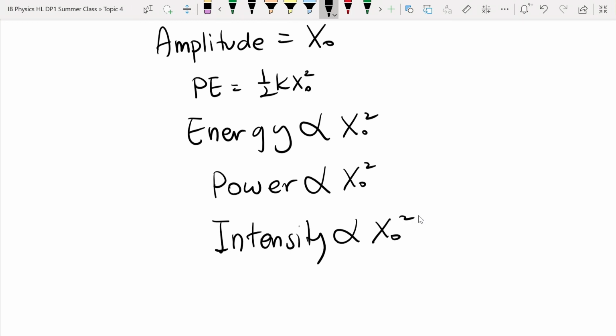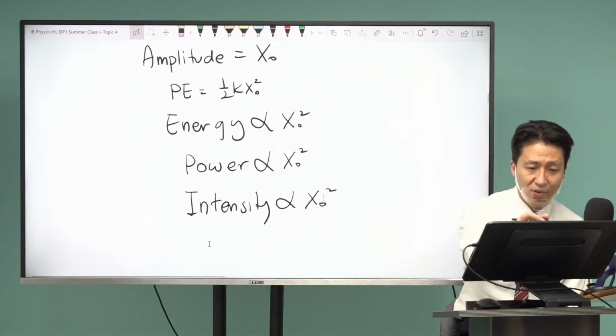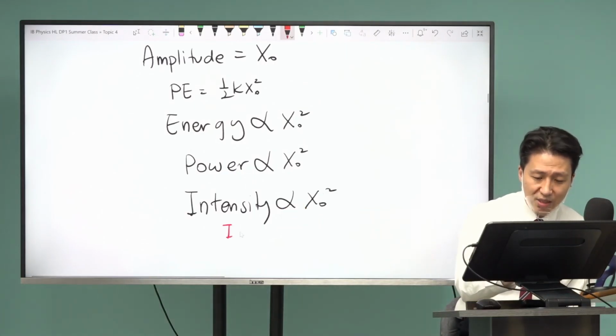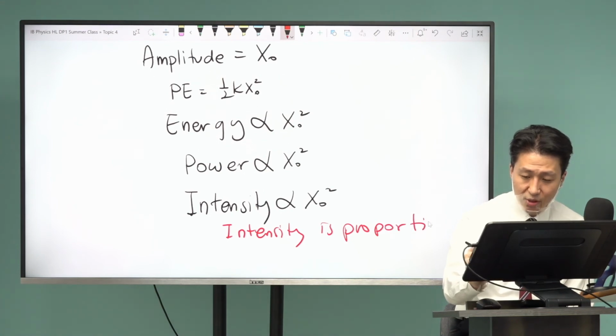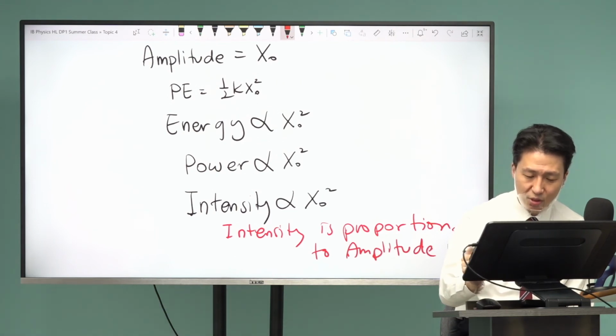And this brings us to a very unorthodox conclusion. This is what we actually need, right? I'm going to write this down. Intensity is proportional to amplitude squared.